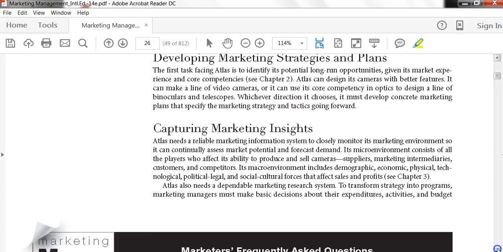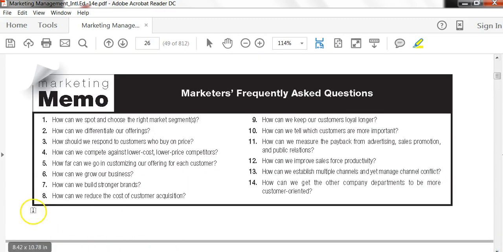There are 14 questions, like: How can we spot and choose the right market segments? How can we differentiate our offerings? How should we respond to customers who buy on price? And how can we compete against low cost and low price competitors? How far can we go in customizing our offering for each customer? How can we grow our business?